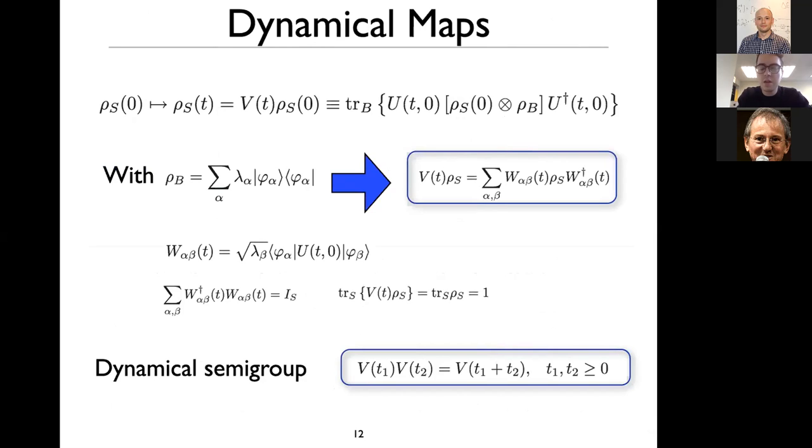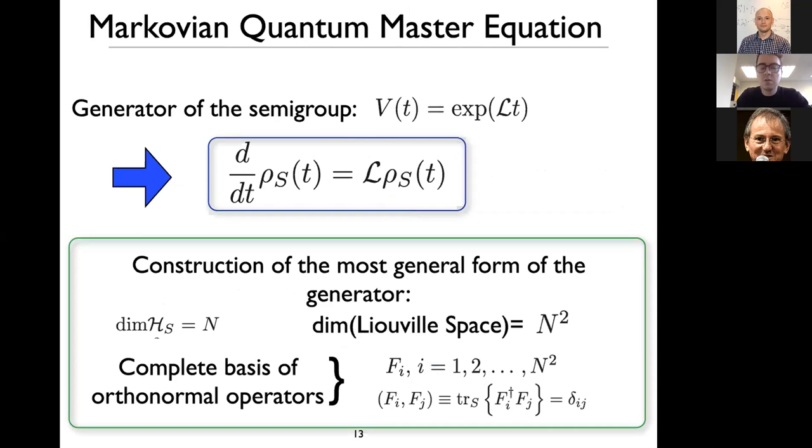If you look at this dynamical semigroup definition, you can intuitively tell that if we have a dynamical map that satisfies these properties, then we can expect it to have an exponential form, since, as a general property, if you multiply two exponentials together, their exponents add. So when we introduce this form of the dynamical map, we can see that by construction it satisfies this semigroup condition.